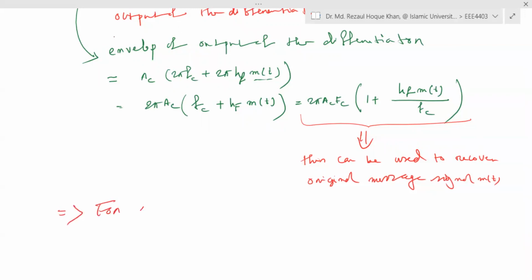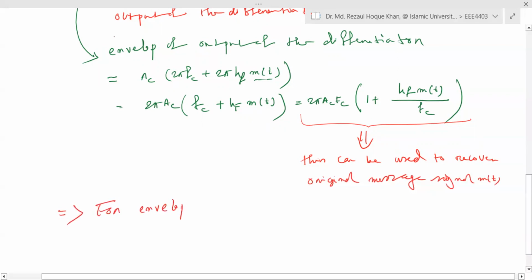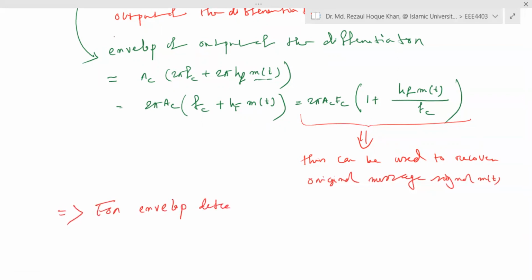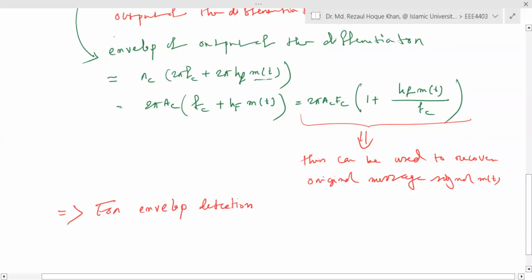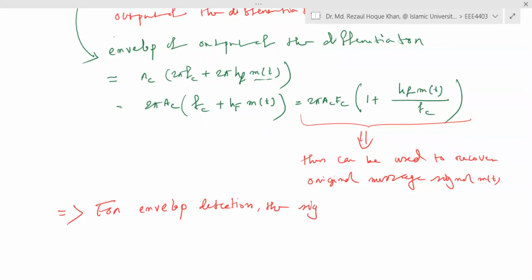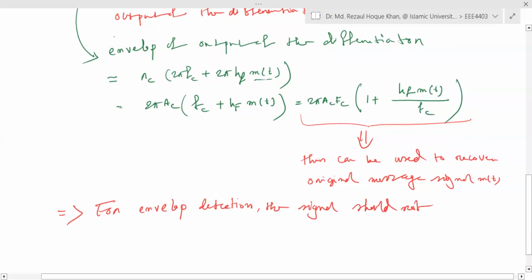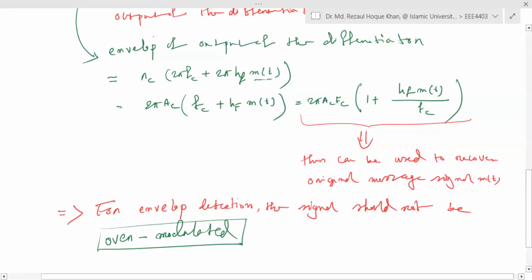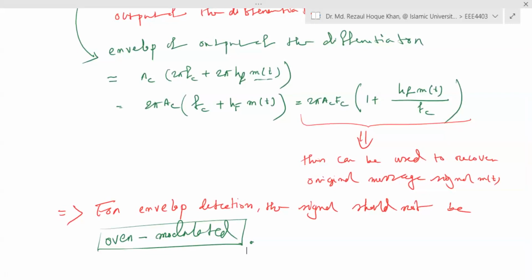For envelope detection, the signal should not be overmodulated, because if overmodulation happens, then signal distortion also happens.